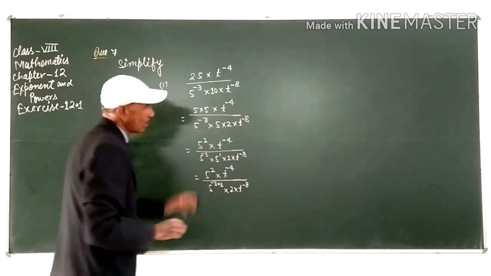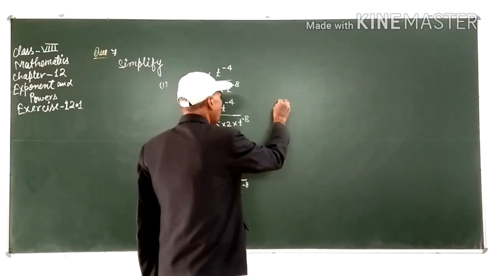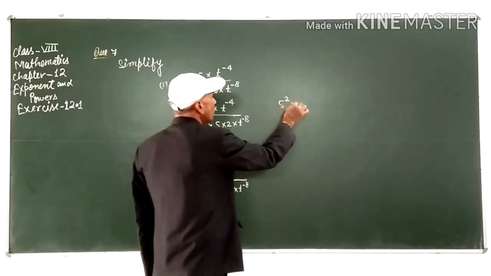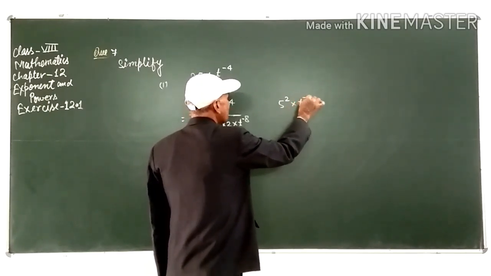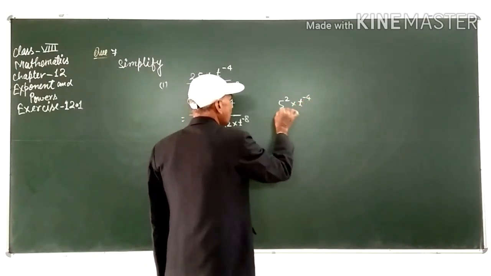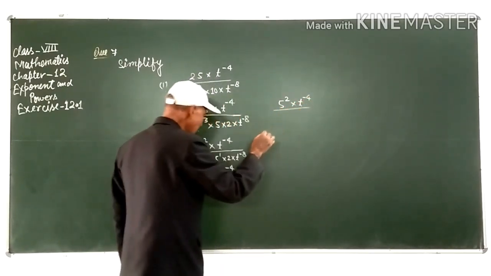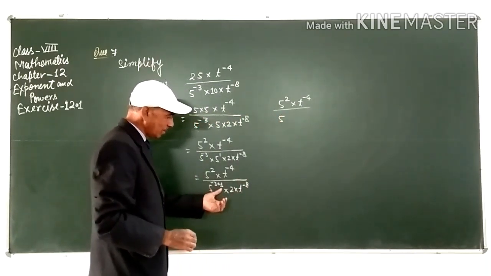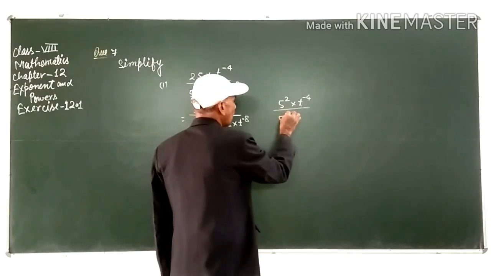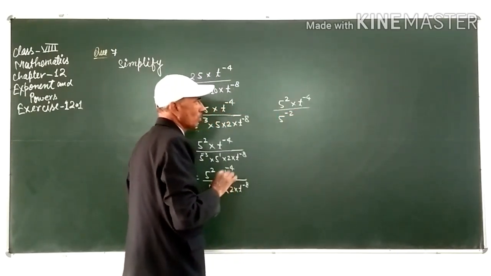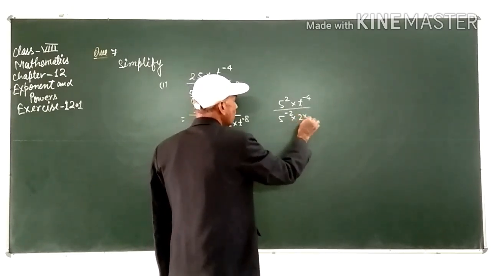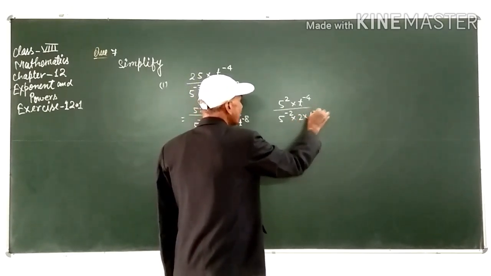Clear, friends? Now it will be 5 to the power 2 into t to the power minus 4, upon 5 to the power minus 3 plus 1, it will be minus 2, into 2, into t to the power minus 8.